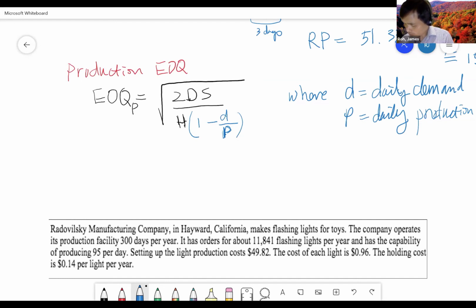From this question, we find that D, annual demand, is given as 11,841 lights per year, right? That's given. And also we find S, annual setup cost, was given as 49.82, right?